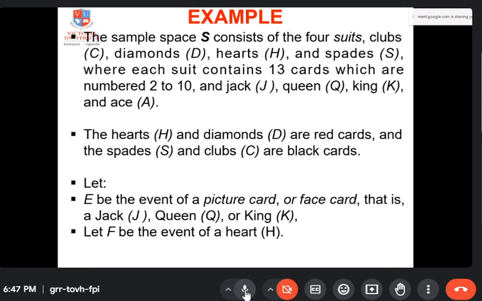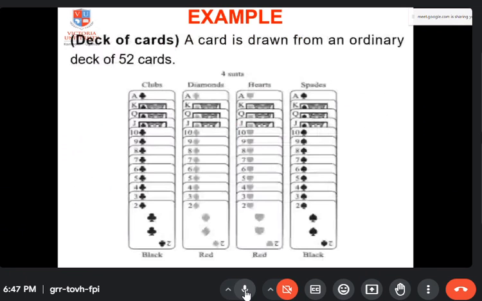Then, if F is the event that a card is a heart, how many hearts do we have in total? How many hearts do we have? The total of hearts? Why do you subtract the king, the queen, and the jack?